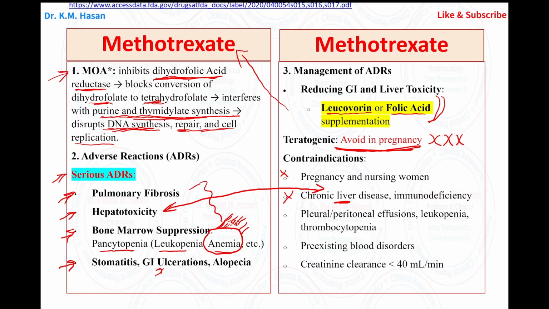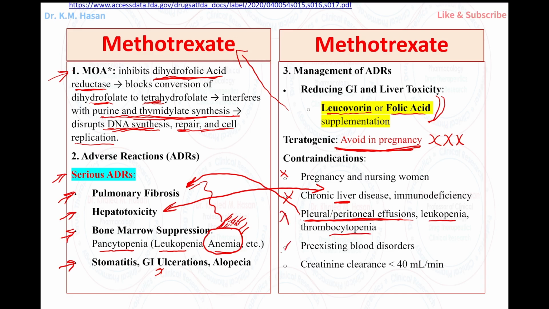What else? They said if the patients have pleural or peritoneal effusions, if the patients have lung disease or tissue lung disease, this medication causes pulmonary fibrosis. We don't recommend to use methotrexate. If the patients have leukopenia, thrombocytopenia, it's not allowed to use methotrexate.